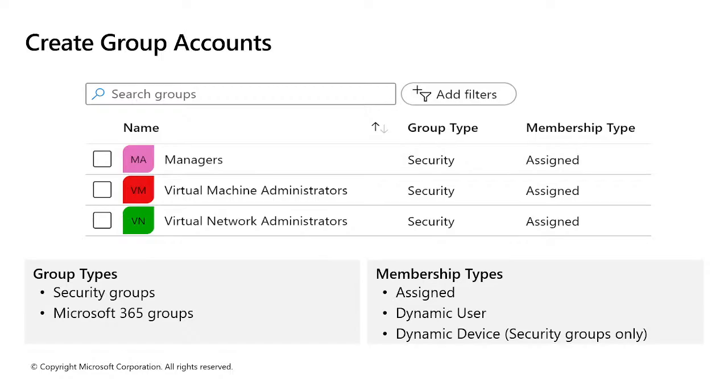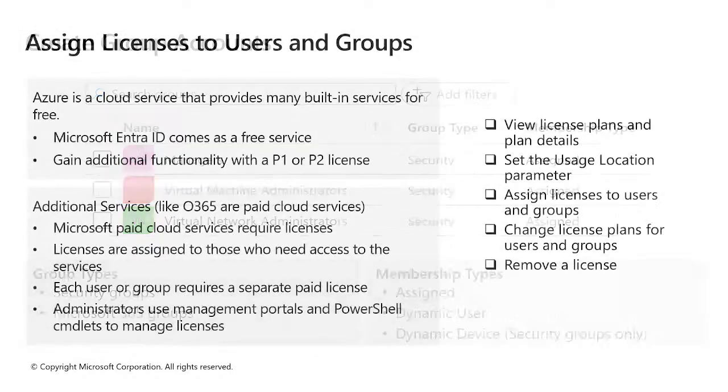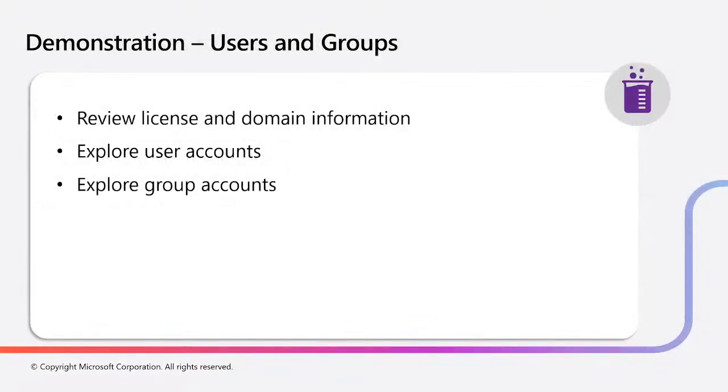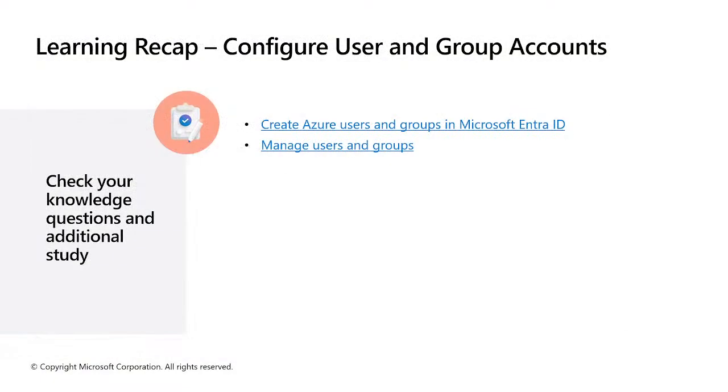You can see it talks about the type of groups you can create, membership type, assigned, dynamic user, dynamic device. It talks about P1, P2, what you can assign to users, and what are some of the things needed when you want to assign them. It tells you to explore user accounts, explore group accounts and the likes, and licensing information.